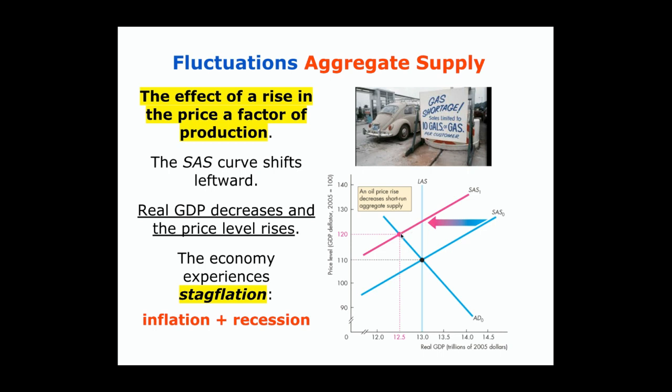And now we have a new short run macroeconomic equilibrium, which represents a decrease in GDP and higher prices. So the economy experiences both inflation and recession at the same time. Inflation and unemployment at the same time. And we call this stagflation.